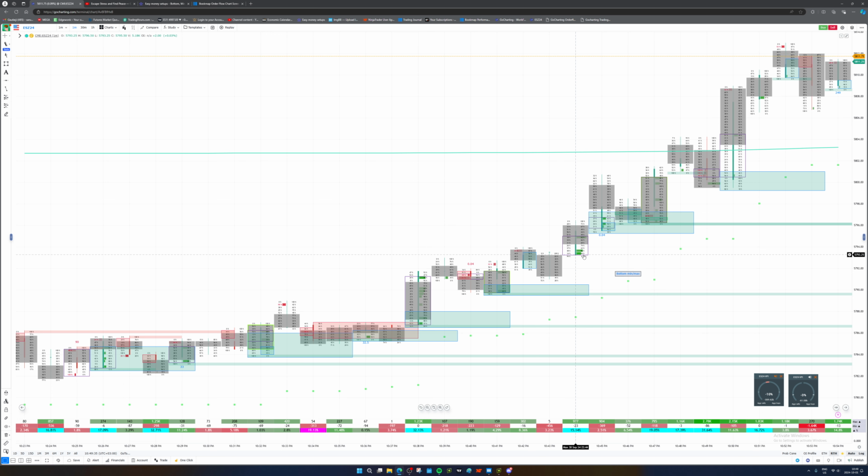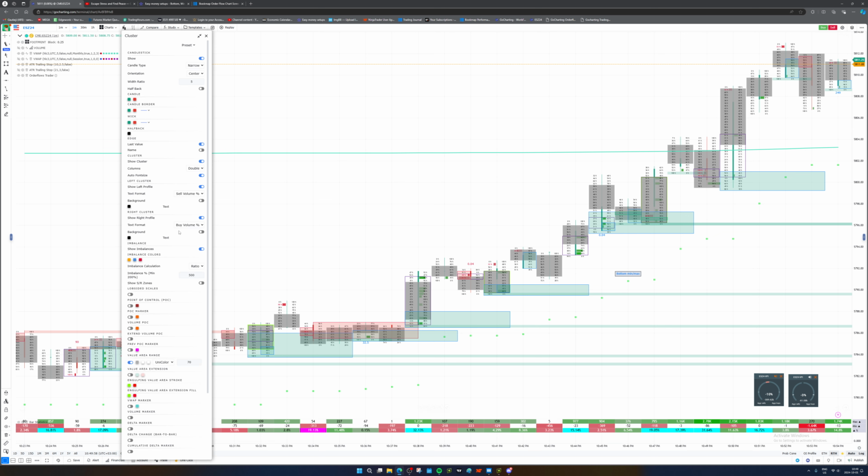Let's say I have marked these areas which are imbalances in this candle. When you have stacked imbalances, you have these areas. Look over here, 1, 2, 3, 4. You see, these are stacked imbalances. And if I go back to the footprint chart, you see, I have stacked imbalances over here.